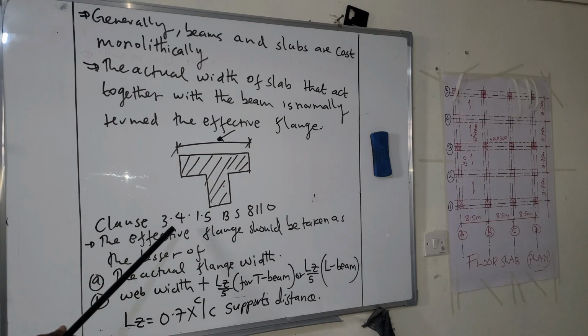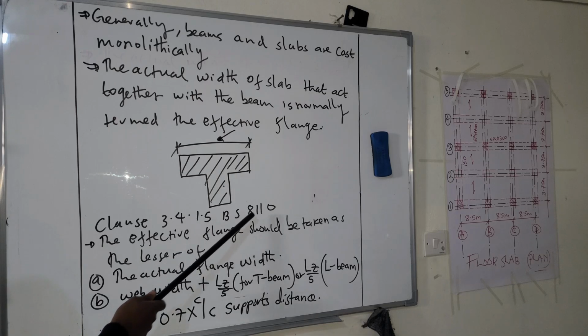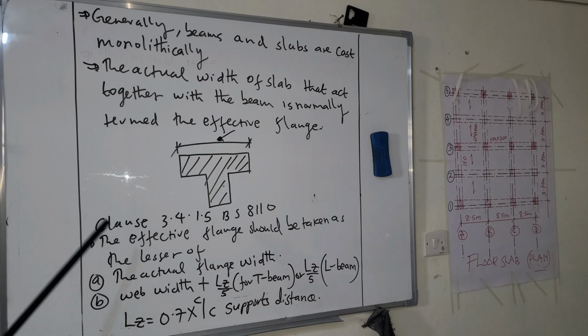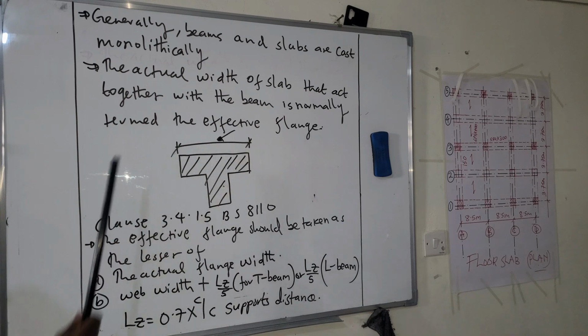So clause 3.4.1.5 of BS 8110 states that the effective flange should be taken as the lesser of the actual flange width, or b, the web width, plus Lz over 5. This is for T-beam.